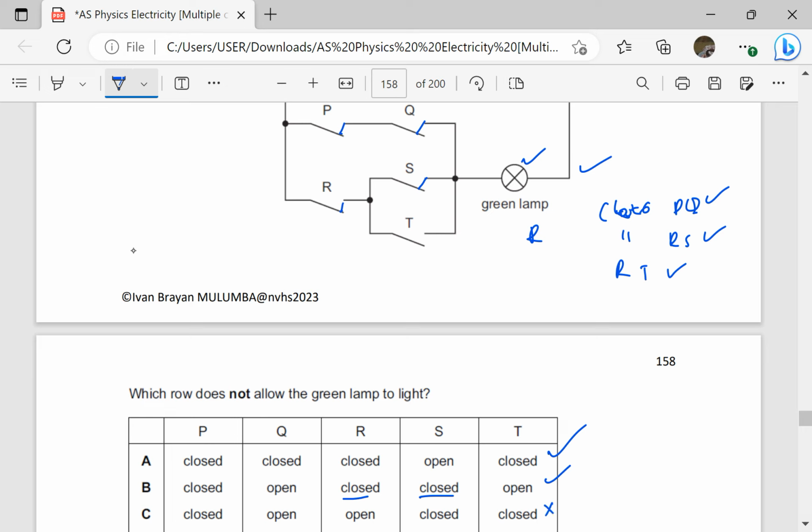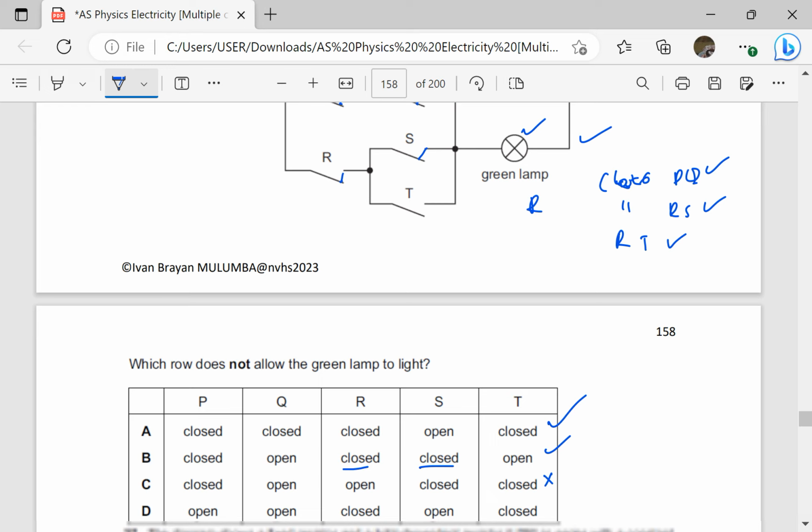There is an open switch in the upper loop and an open switch in the lower loop, so it will not light at all, unless the open switch is T. But if S or R are open and there is an open switch up, then it will not light. Then P is open, Q is open, but R is closed, S is open, but T is closed. It will still light. When I close R and close T, the circuit is again complete.